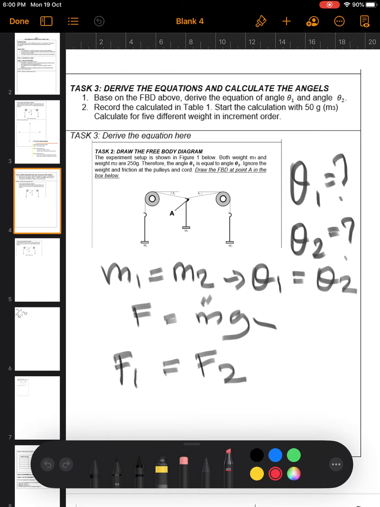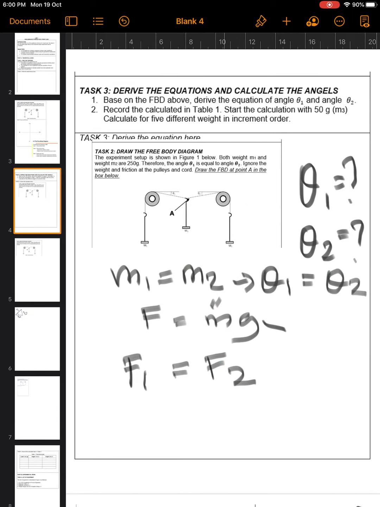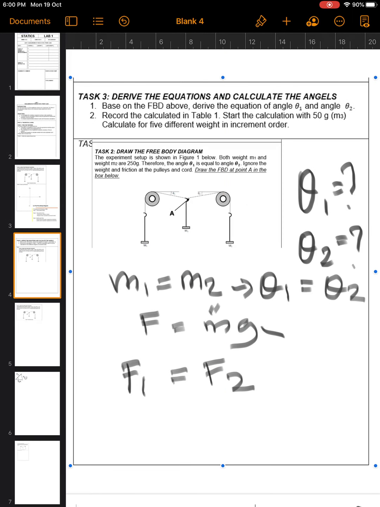Okay, based on question 1, the equation for theta 1 and theta 2. We know that m1 is equal to m2, and therefore theta 1 is equal to theta 2. And from this equation we also know that the force equation is force equals mass times gravity.